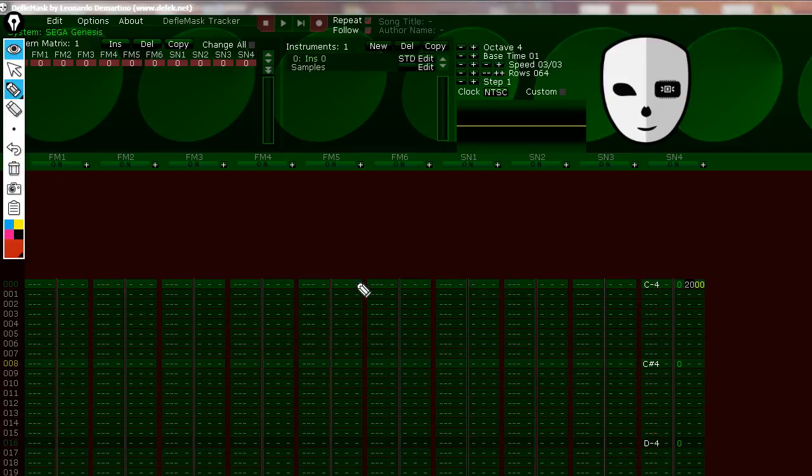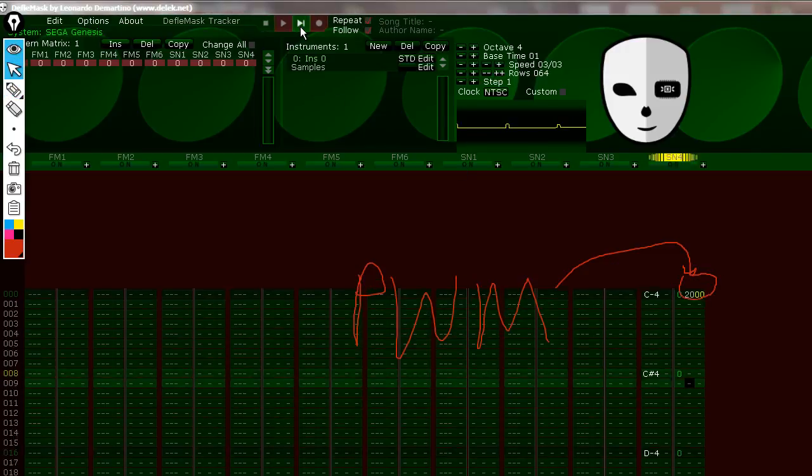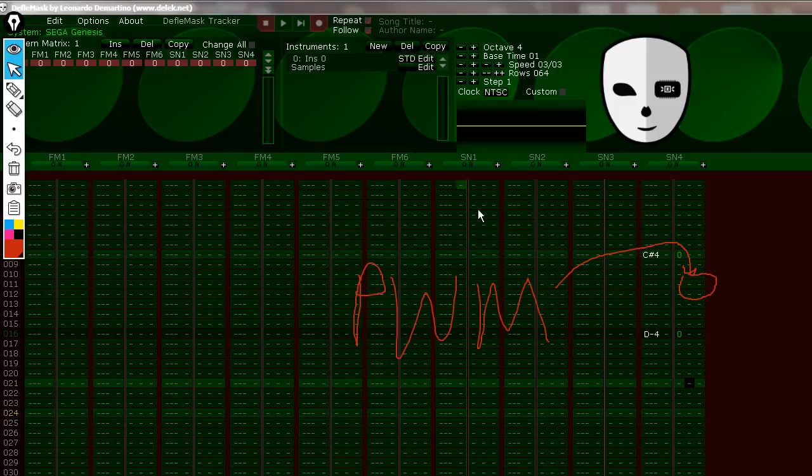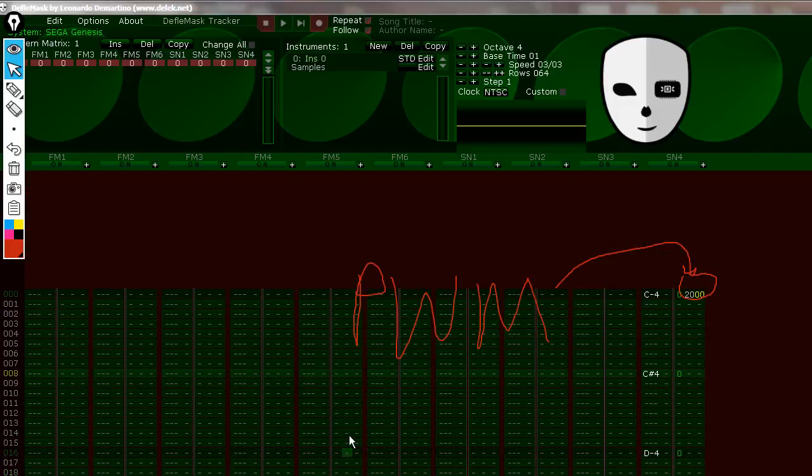It is now PWM, pulse width modulation, is what it is now. Observe. And to be exact, it is a 6.15% pulse wave.